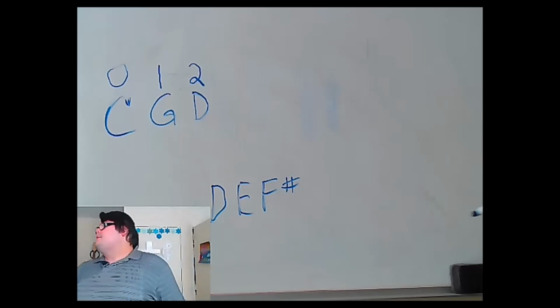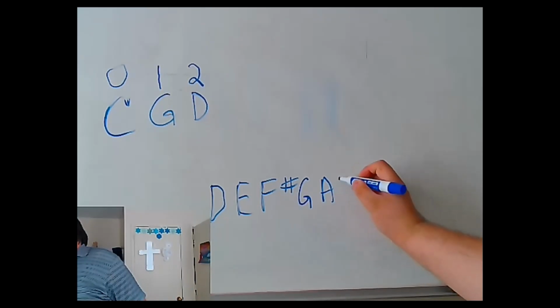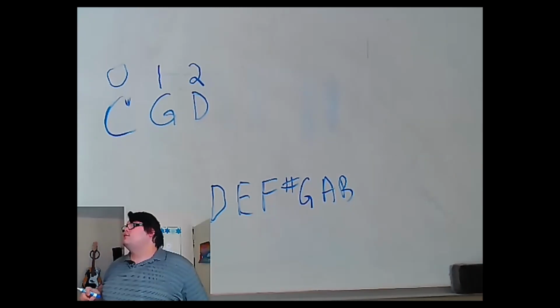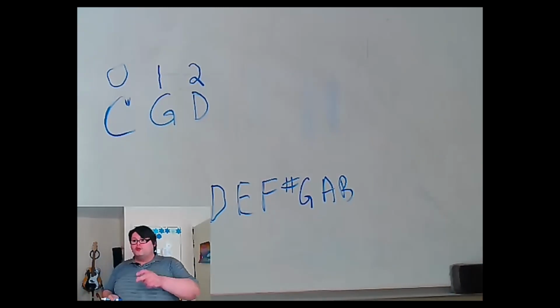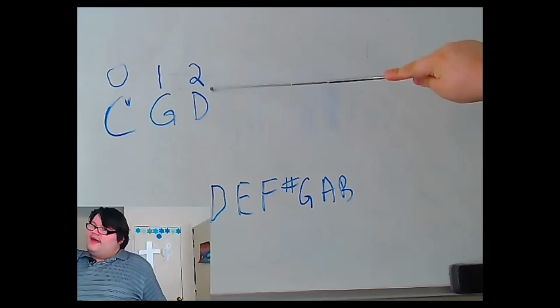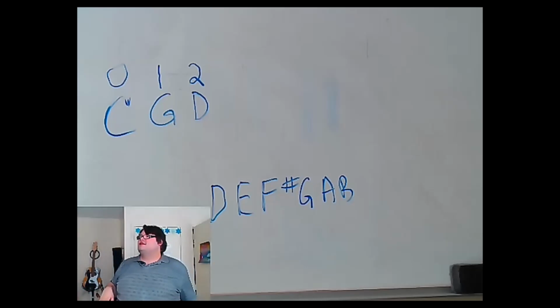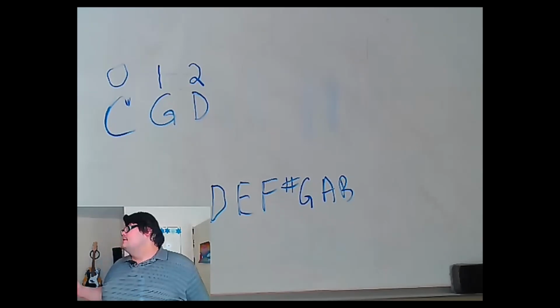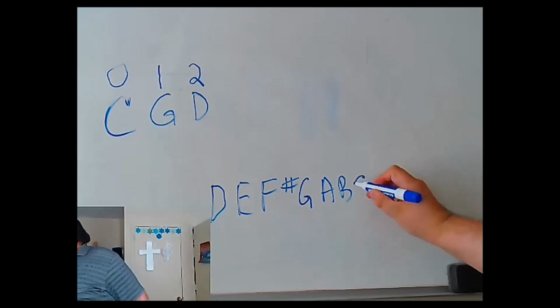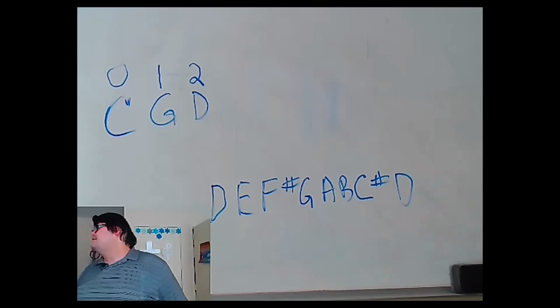So we're going to go F sharp, G, A, B. Now remember, we have two on here. It shows that we have two sharps. And we're now going to have a C sharp in the scale. So we're going to have C right over here, and then the sharp sign, and then D again.